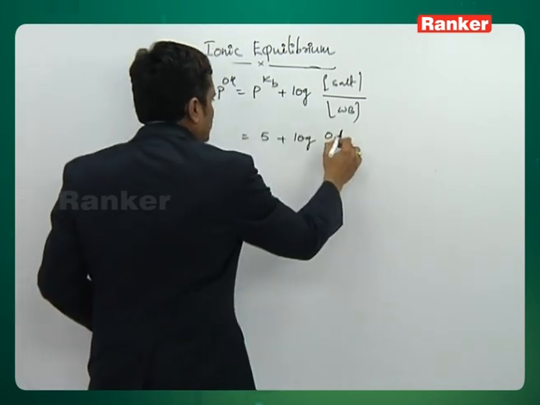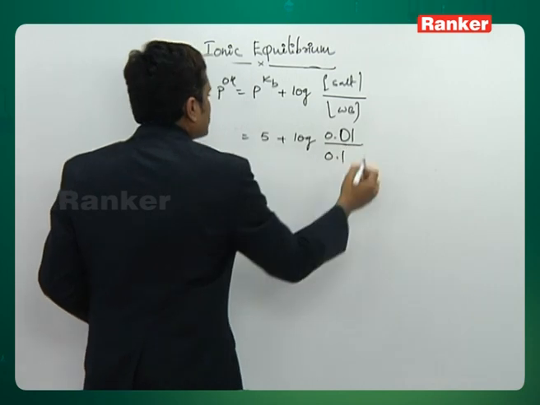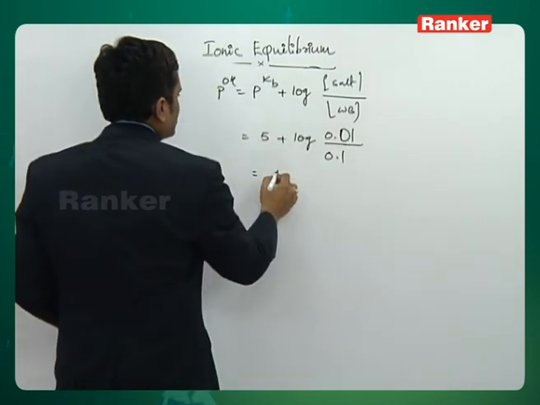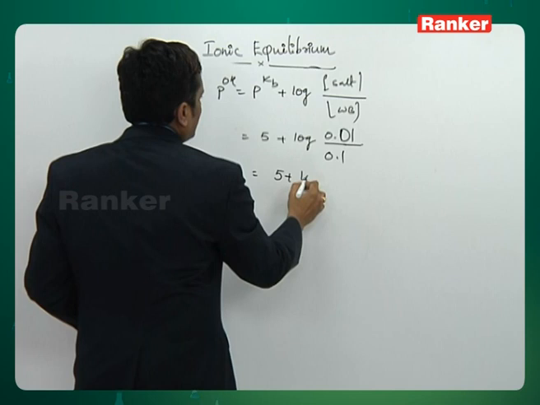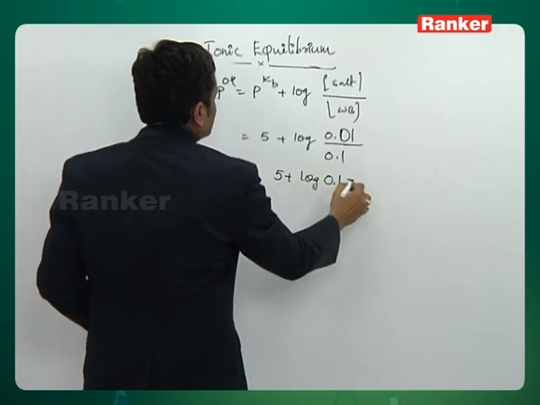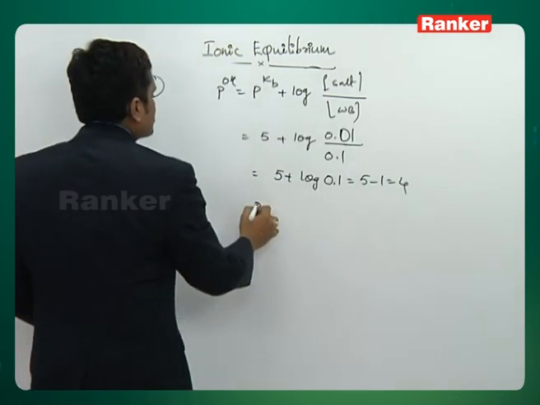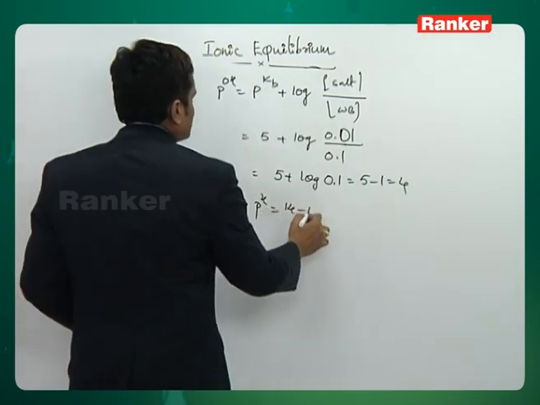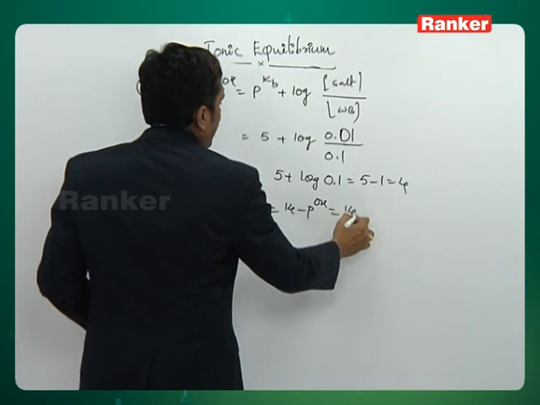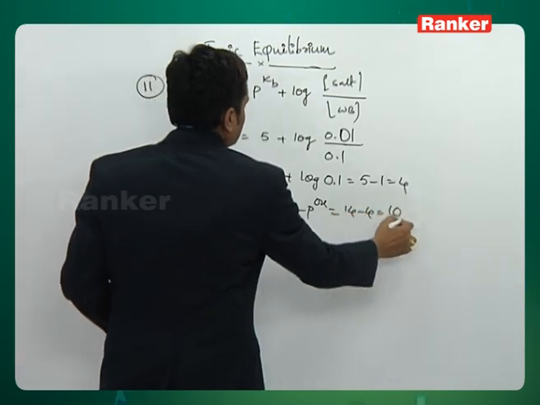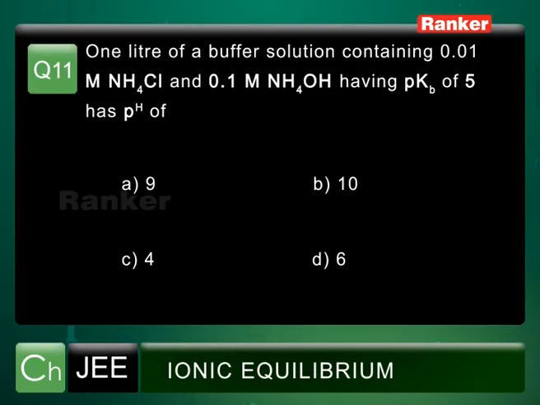When I simplify this, I am going to get 5 plus log 0.1, that is 5 minus 1, which is 4. So when pH is needed, we subtract the pOH from 14. So the right answer for this question is option B, that is pH equal to 10.